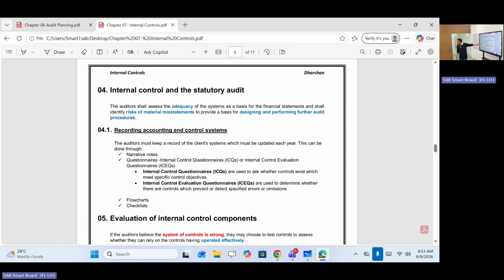Okay. Before that, test of control, we are going to discuss in detail. That's why internal control and statutory audit. Control audit and taking a test of control are not the same.